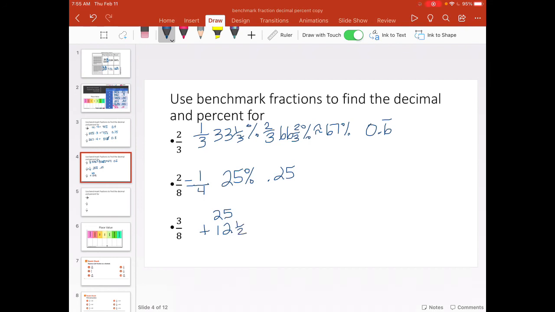Okay, so this was 2/8 right here, because that's what we got up here, plus our 1/8, because we need 3/8, right? So let's add those together. We get 37.5%, which means that we're just going to move that decimal over and get 375 thousandths.